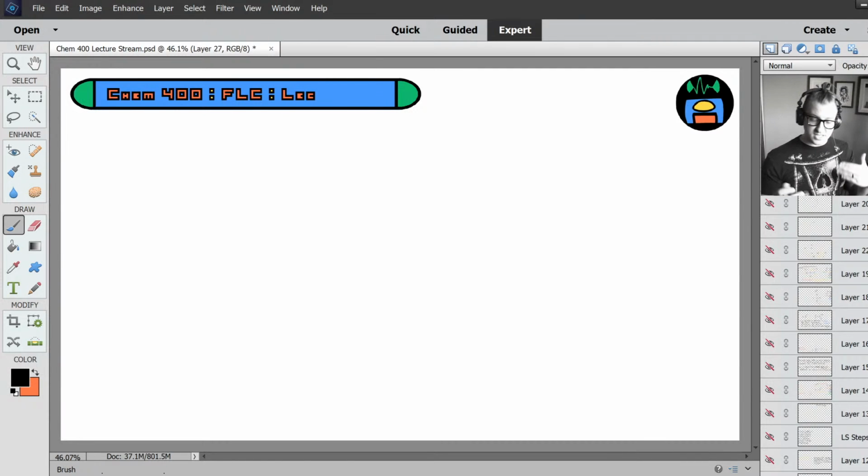Because when you are asked to draw Lewis structures, you'll be asked to draw the best resonance structure for this molecule. All right. And the best resonance structure has these things that will be true of the best resonance structure.